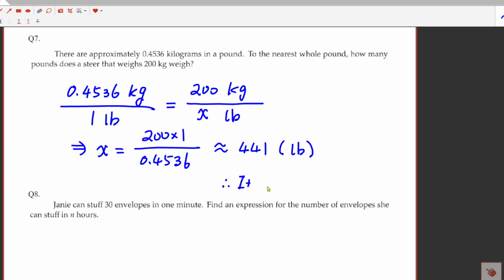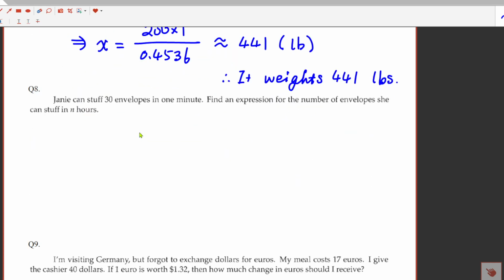Therefore, it weighs 441 pounds. Any questions? Okay, next one. Question number 11.